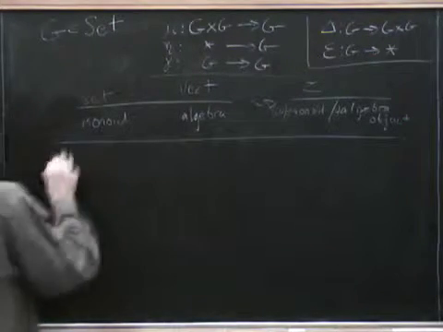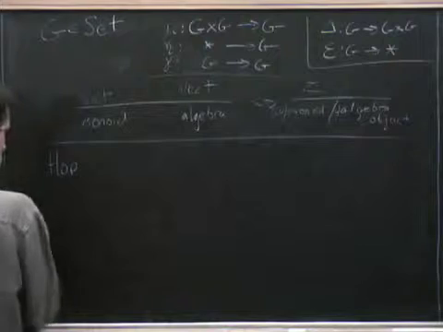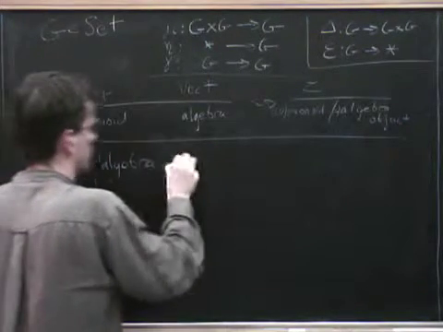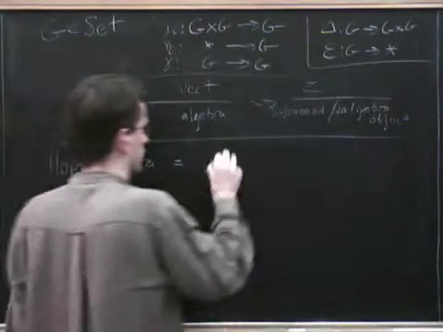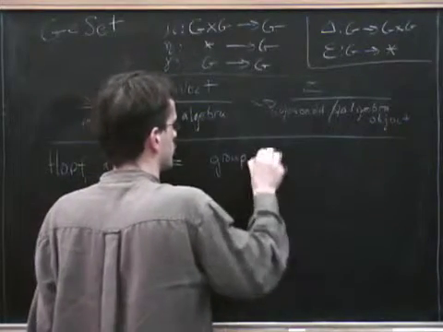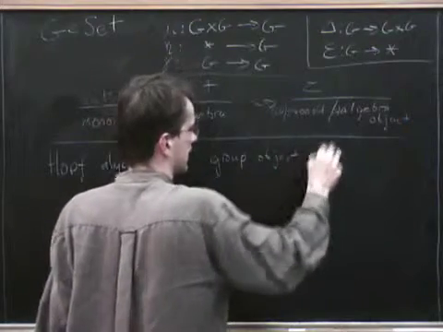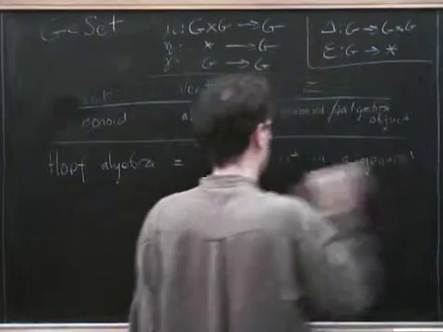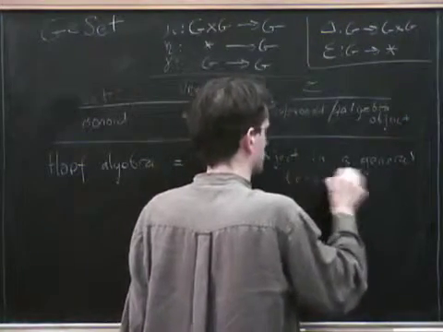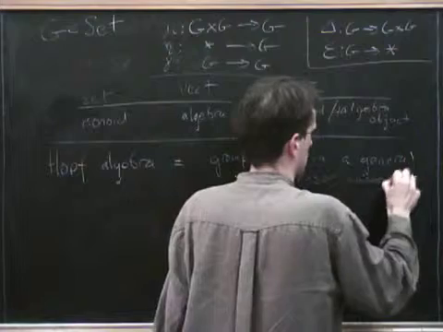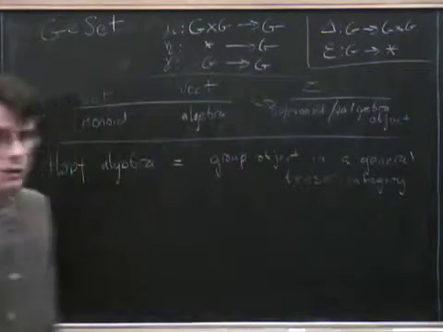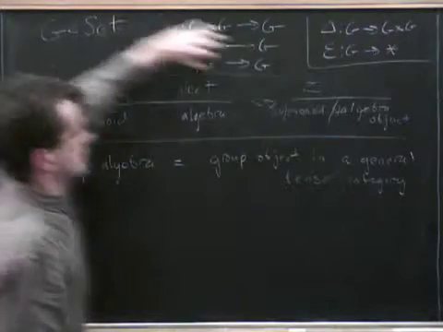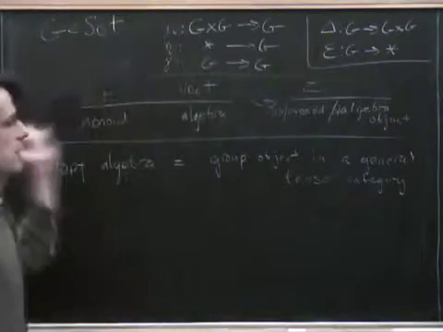So it talks about a Hopf algebra, which is going to really be a group object in a general category. So it's going to be this plus some axioms.